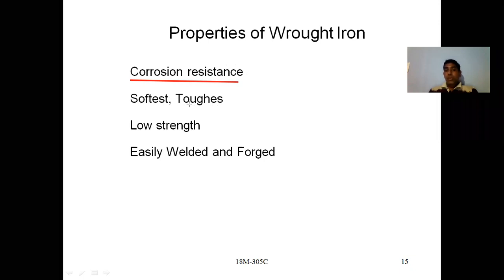So it is tough, that means it is able to absorb energy, but it will have low strength because it has high purity, so it is easily welded and forged. If you go for the technological properties, weldability and forgeability are good. Okay, so these are the properties of wrought iron. So corrosion resistance is good, and it is soft and tough, but it has low strength and is easily welded and forged.